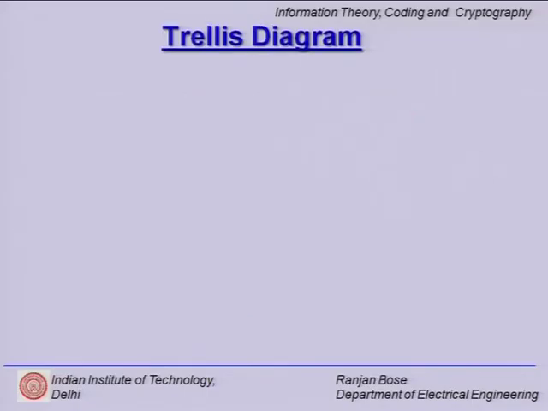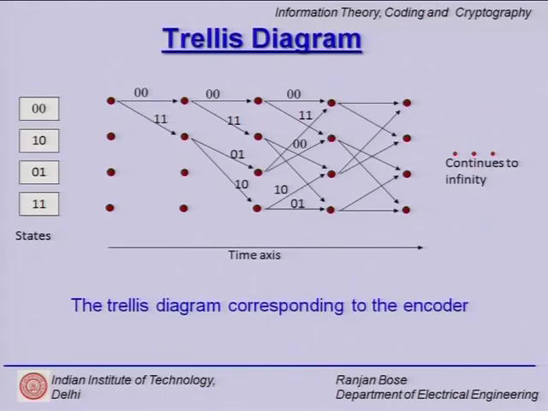So, if you continue with this trellis diagram notion, you will realize that for whatever state you are in, there will be two emanating branches, one for 0 input and one for 1 input. On top of each branch is the output of the encoder written.